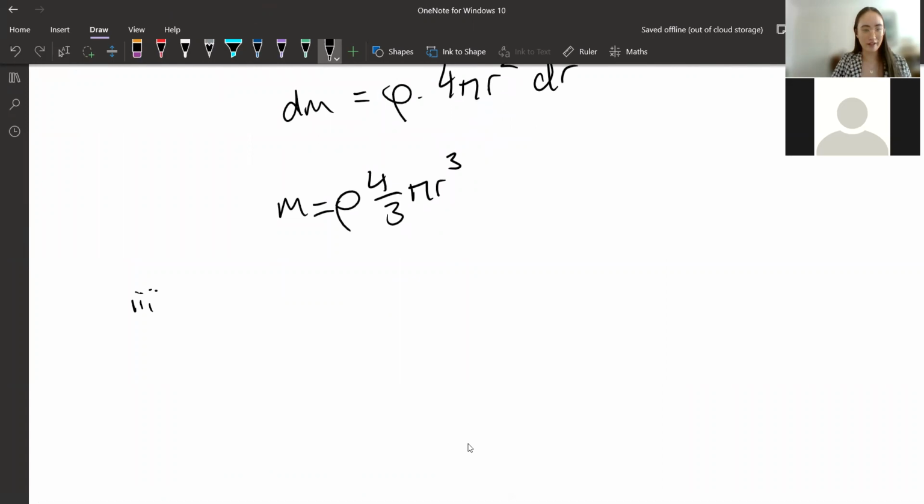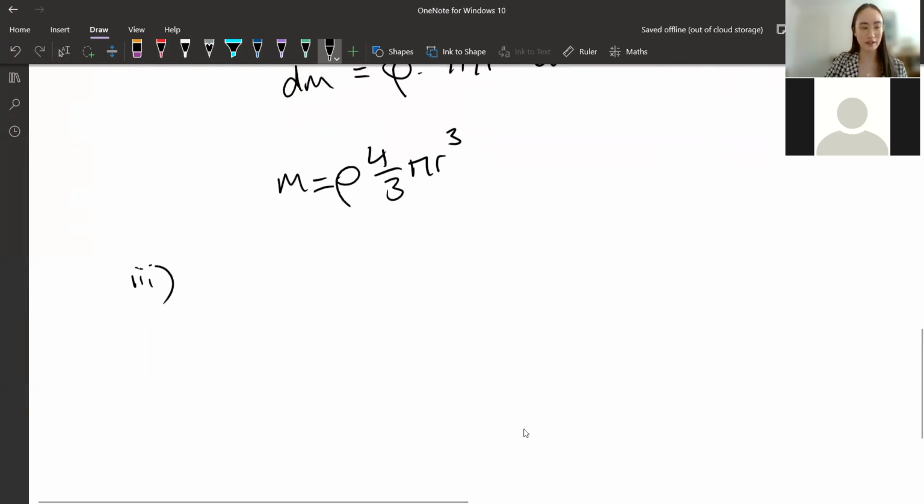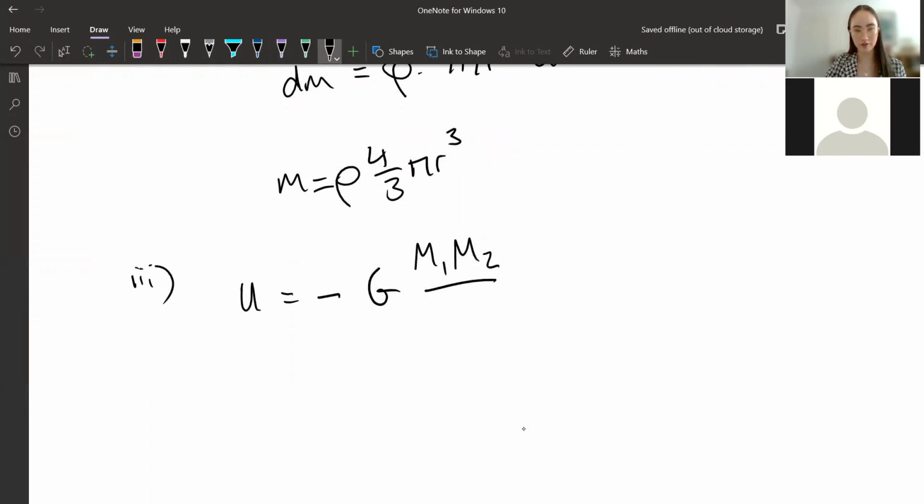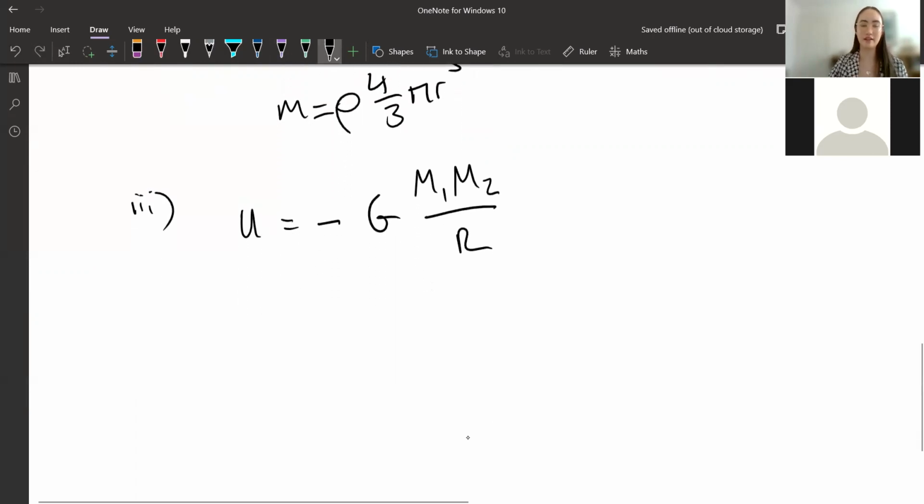All right, part 3. So we're basically looking at what's going to happen when we bring all these particles to the center and they're going to form this star by coating the sphere in layers of dr. So we know our gravitational potential energy equation is U equal to negative G M1 M2 over R. And so we can find out what this is going to be in terms of mass 1 being our original sphere and mass 2 being our thin layer around the outside.